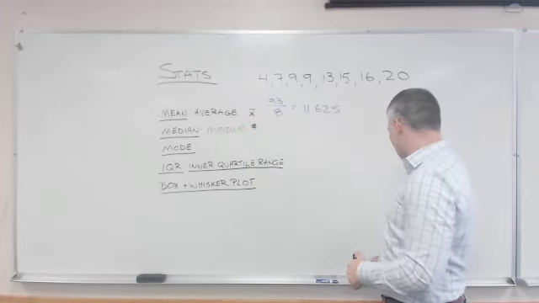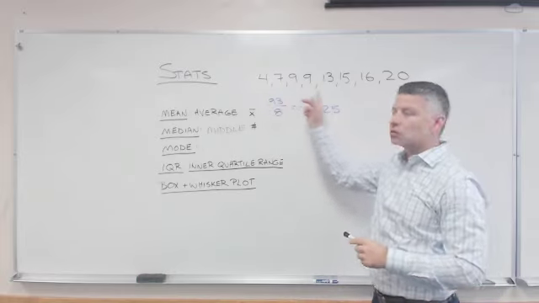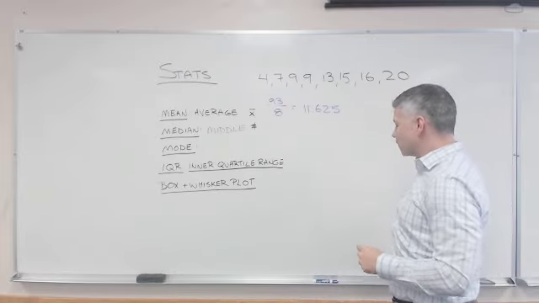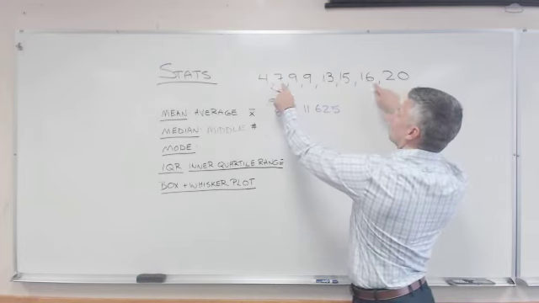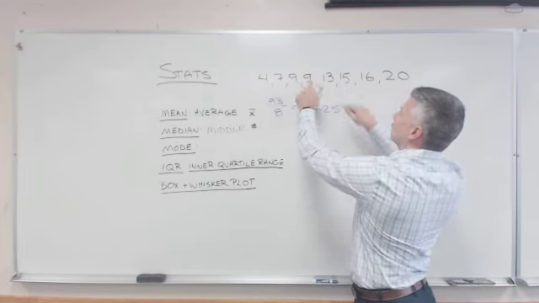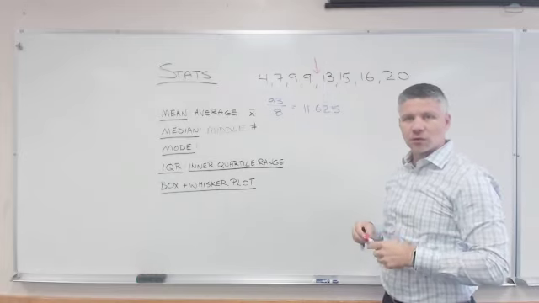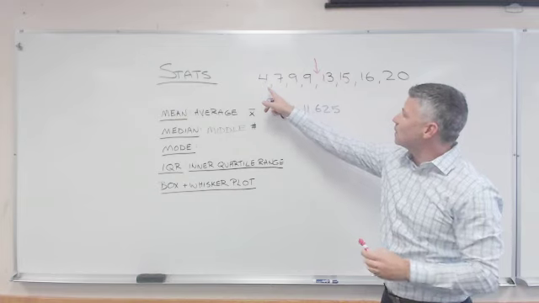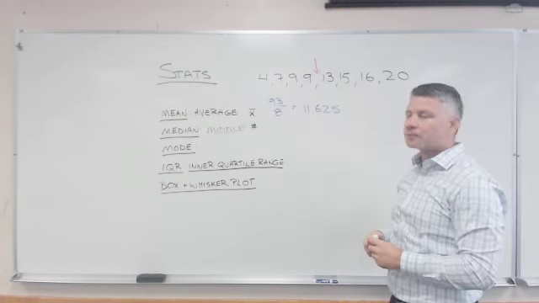To find the median, they must be in order from least to greatest. And then we find the middle. If I work my way from both ends, I find that the middle is somewhere between 9 and 13. This happens because we have an even number of numbers in my data set.